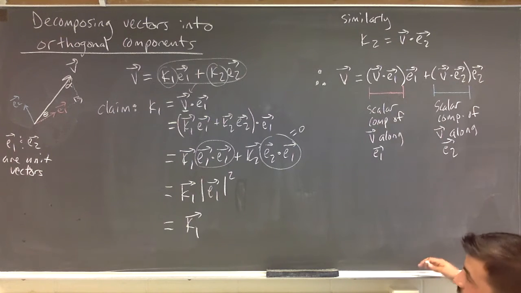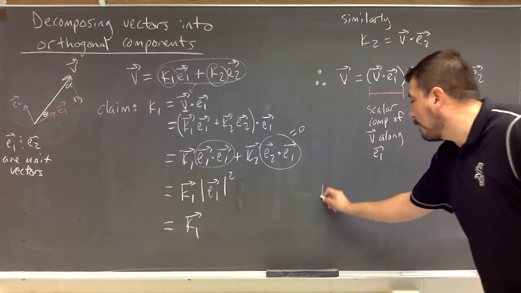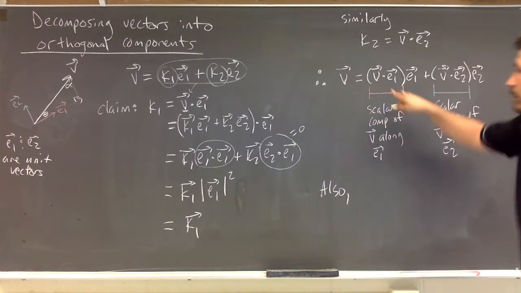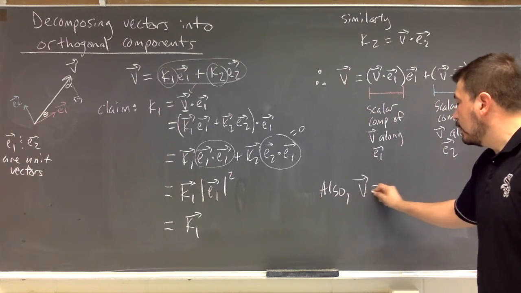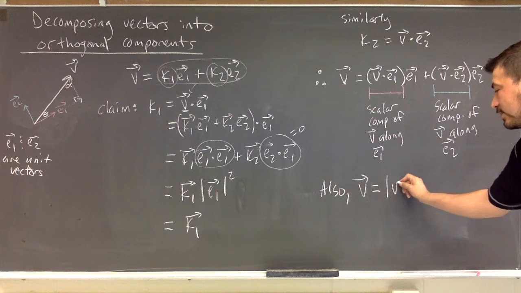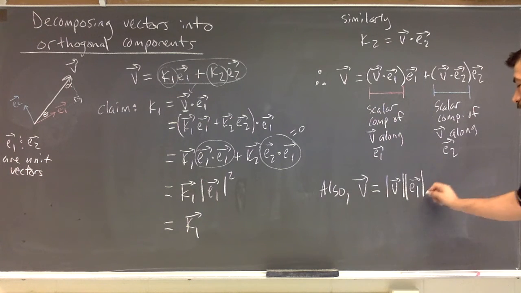All right, and now to bring things back to what you're probably used to seeing, using some of the formulas that we've talked about in the previous days of notes, we know that the dot product of two vectors can be rewritten as the magnitude of the two vectors multiplied together times the cosine between the two.